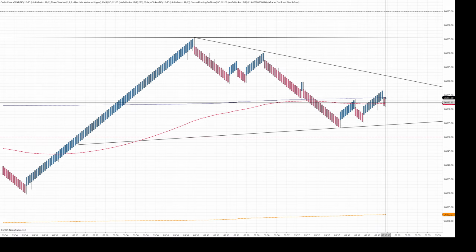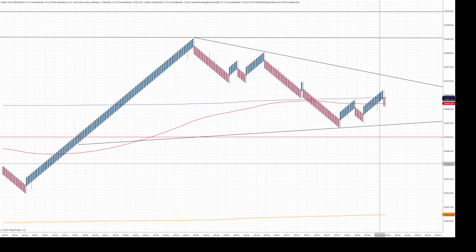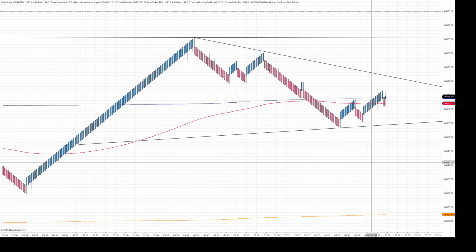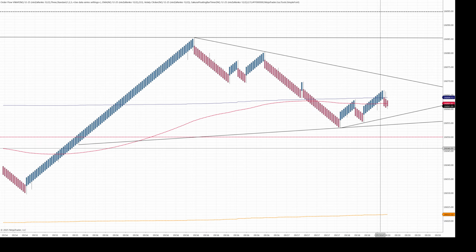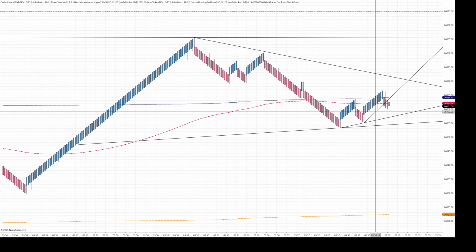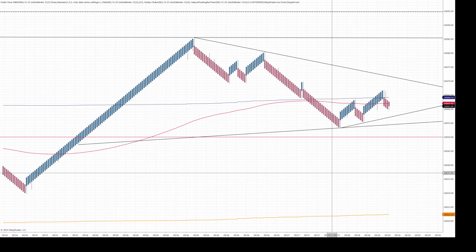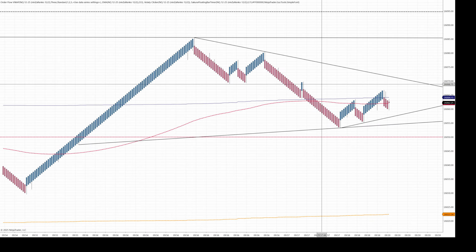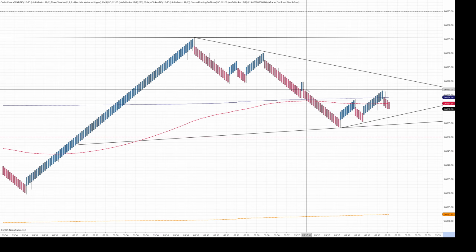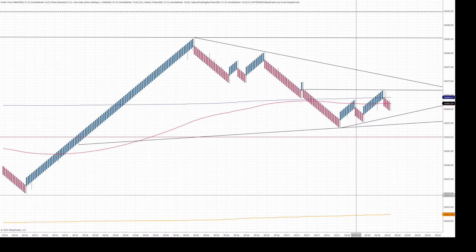We do have about 1 minute until the 10 o'clock news, so probably going to see some volatility at 10 o'clock. And now we have a few trend lines. And the trend lines also help to show when we are in a tight trading range as well. So you can see we're in this very tight wedge at the moment.